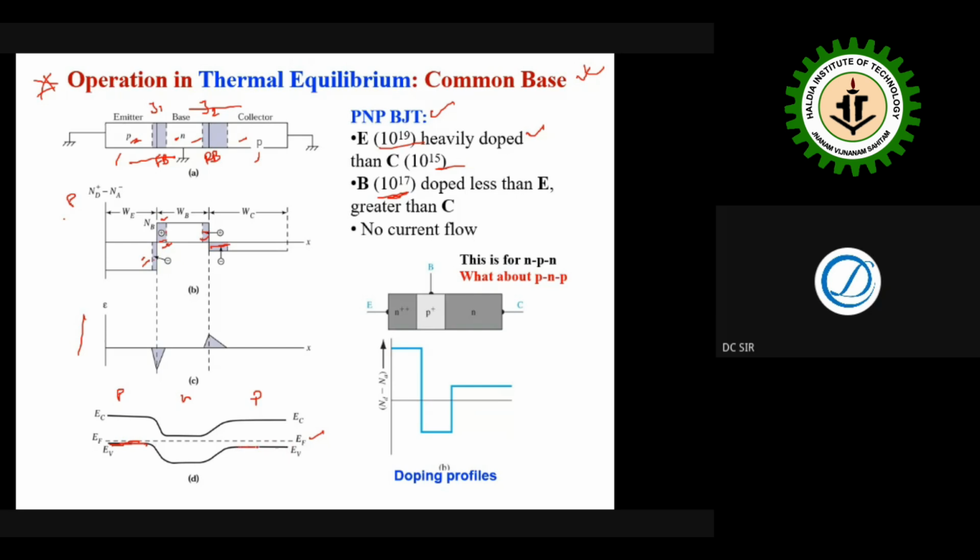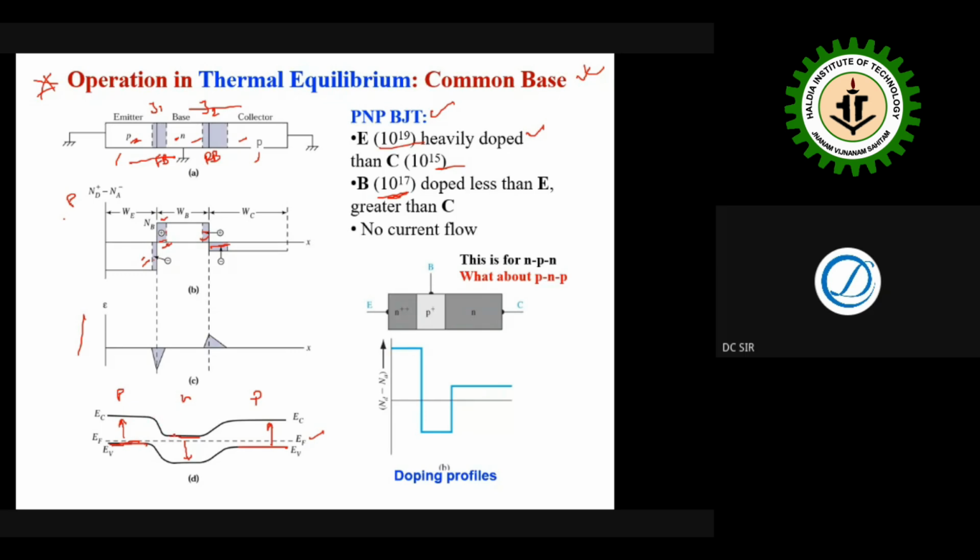This side also is closer to, above EC. In the case of N, EC is closer, and below this is the EV, and at the depletion layer it bends from the P side to the N side.